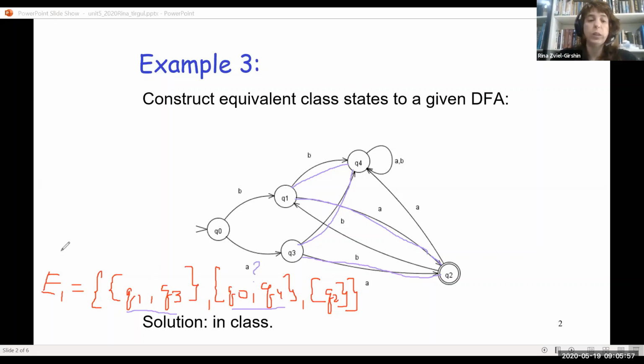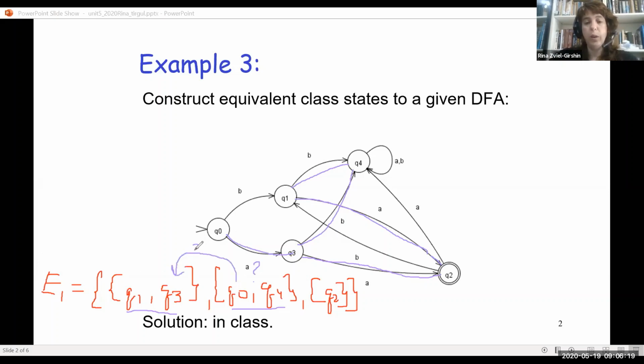So I will use E1 class, or E1 stage, and I will check if I can separate between Q0 and Q4. So let's see. Q0 on input A leads me to Q3. So please pay attention.